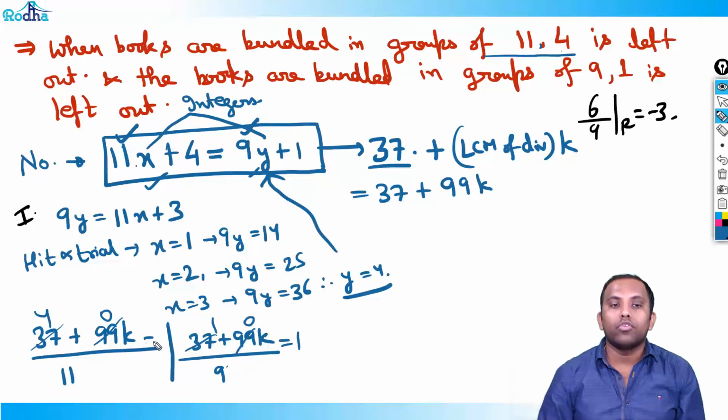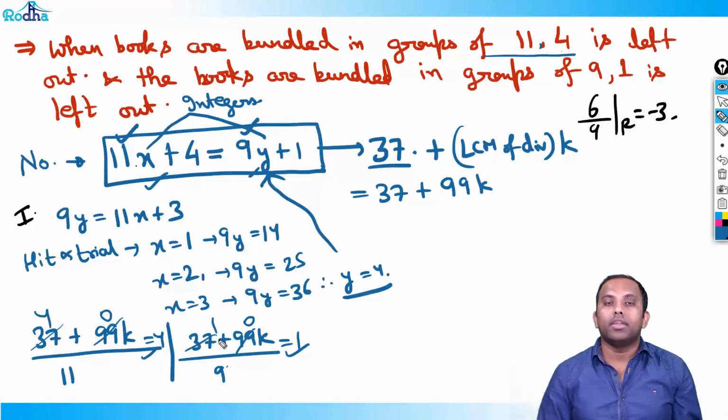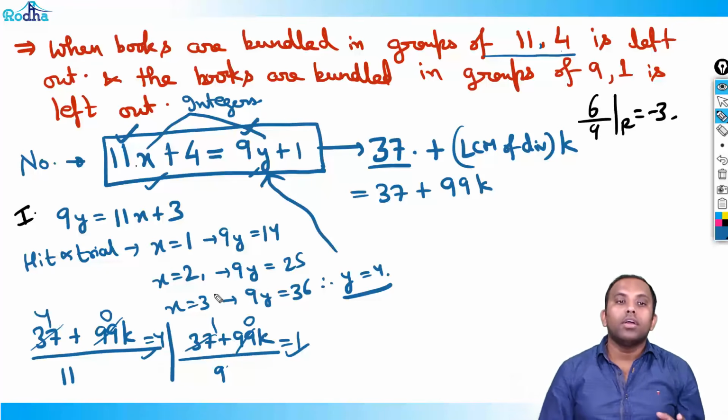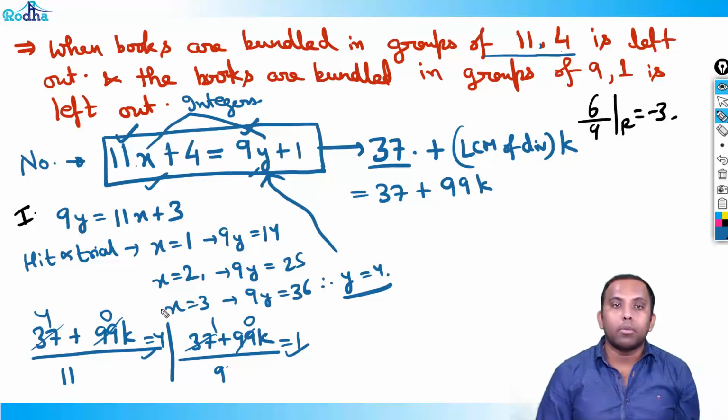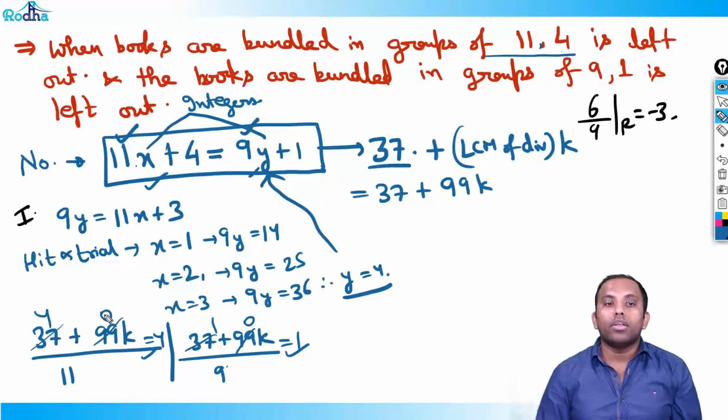Adding 99k won't affect the remainder. All such numbers which when divided by 11 leave a remainder of 4 should be of the form 37 plus 99k, because I want the added part to give remainder 0 on dividing by 11 as well as 9.